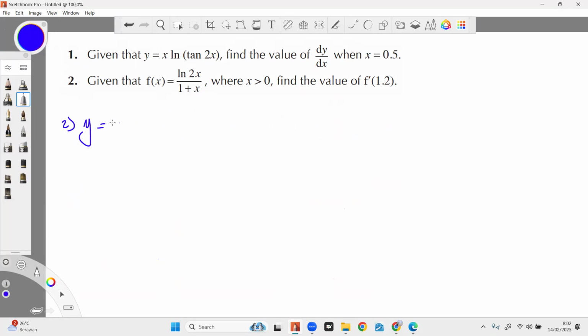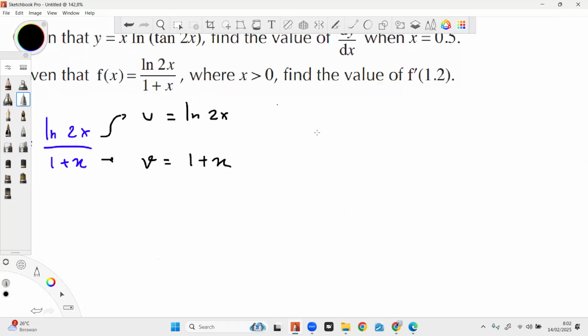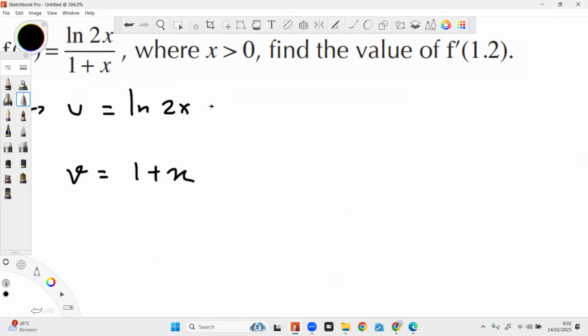y equals ln of 2x over 1 plus x. So we already have an obvious quotient rule, right? Treat this as u, ln 2x, and this is v, 1 plus x. Now, what is u'?